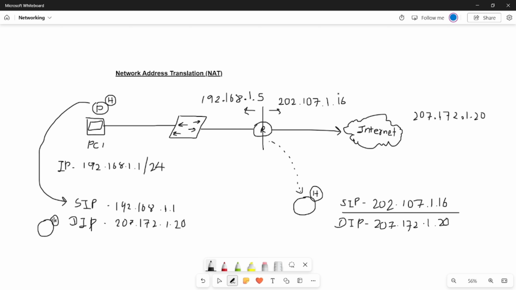So the process of changing the source IP as the packet goes through those routers, we simply call network address translation. It basically changes the source IP to the IP of the router interface it passed. So this is the basic idea of network address translation.